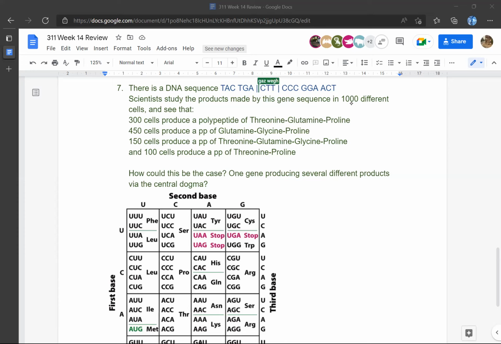But let's say instead of having the cleavage site there, what if you had the cleavage site here? And instead of having CTT, you'd have TTC, and that no longer produces glutamine. That produces AAG, which is lysine.